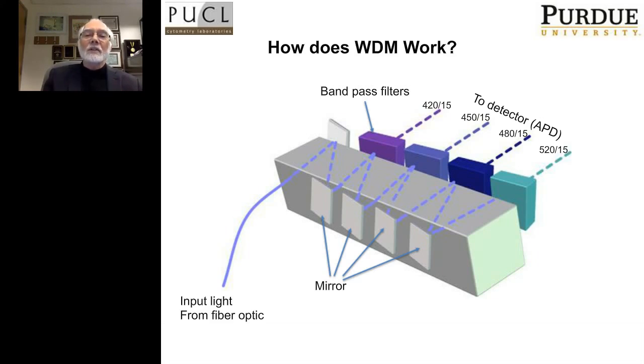And these are going to the detectors. In a normal flow cytometer, this would be a photomultiplier tube, and in the CytoFLEX, this is going to be an APD. So this is a block inside the CytoFLEX, and I'll show you what that looks like in a moment. But this is the principle.